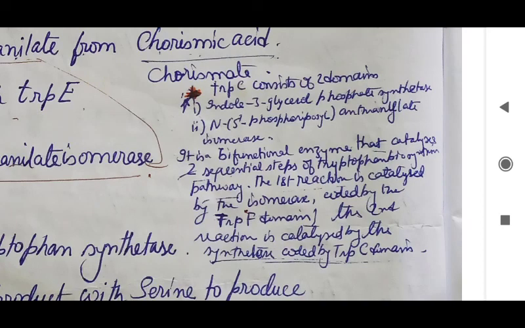TRPC contains two important domains. One is called the indole 3 glycerol phosphate synthetase domain, and another one is called the N5' phosphoribosyl anthranilate isomerase domain.